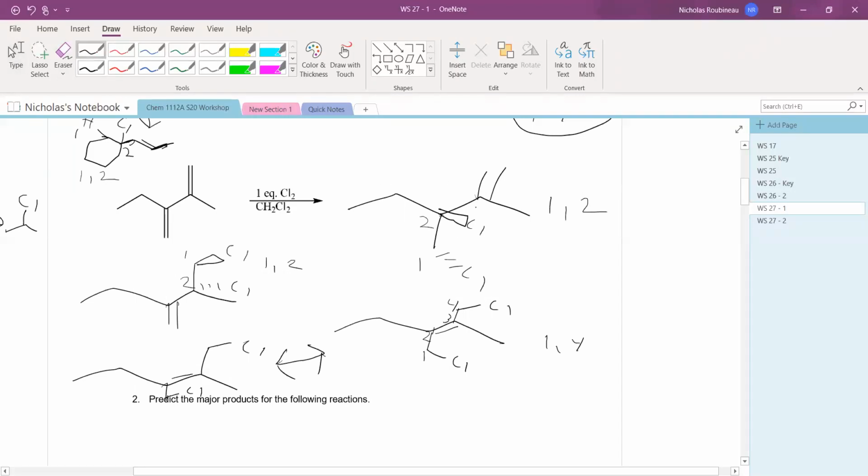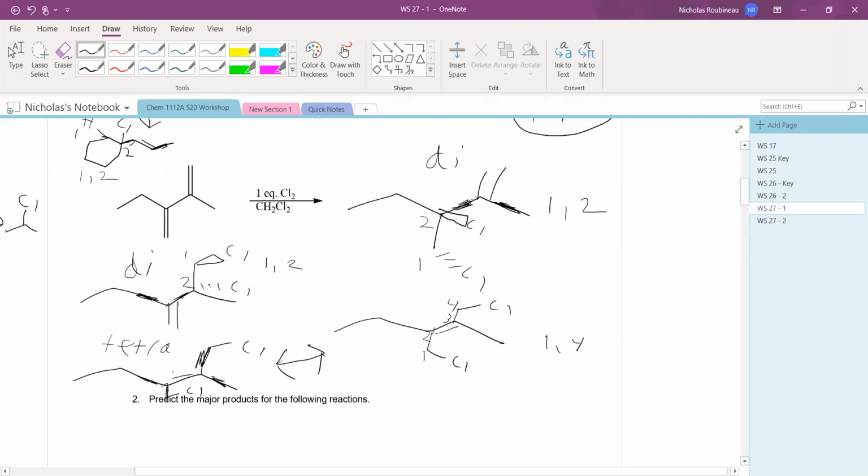For the second one, this product has 2 substituents, so I'll put di-substituted. This one also has 2 substituents. This one has 4, and then this is the same product, so tetra.